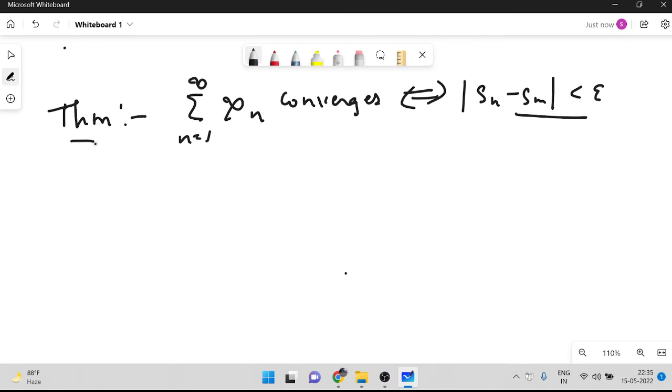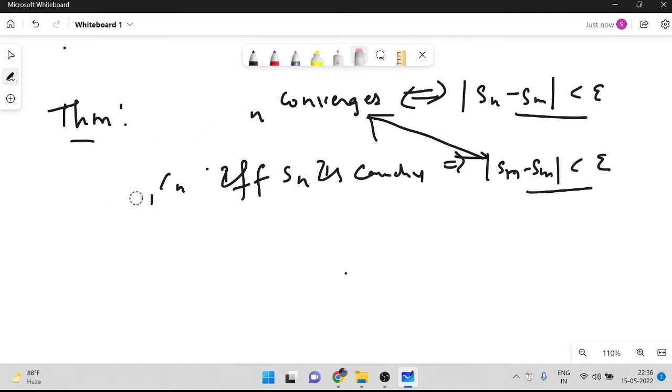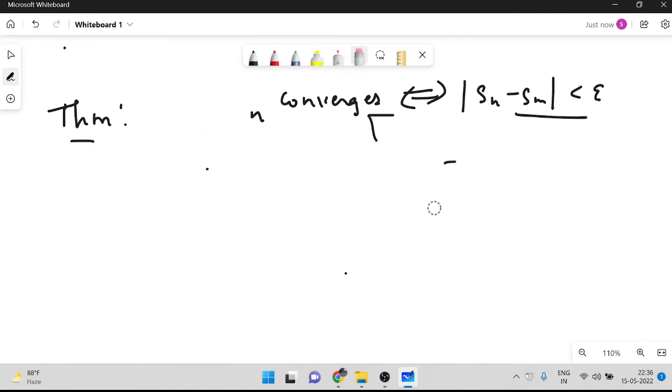Because we define the sequence Sn this way, sigma i equals 1 to n xi, the series is convergent if and only if Sn is Cauchy, which implies mod of Sn minus Sm has to be less than epsilon for n, m greater than n naught. So this implies this, and this implies this. It basically comes from the previous theorem, only that you need to look at it in a different notation, that's it.